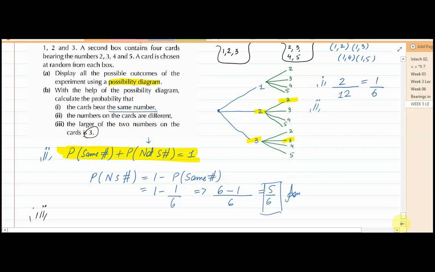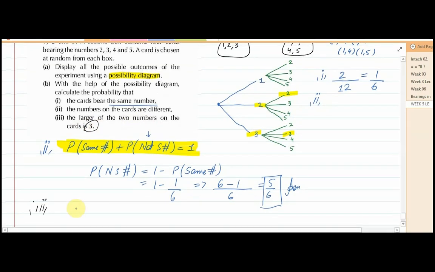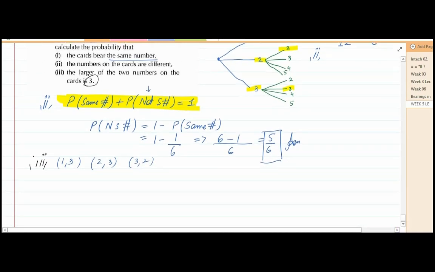So the possible outcomes I have for this case are 1 comma 3, 2 comma 3, 3 comma 2. So I have 3 possible outcomes, right? So I will say 3 divided by total number of possible outcomes, which are 12 as we already discussed. So it's 1 divided by 4. That is your final answer of the larger number of the two cards is 3, right?